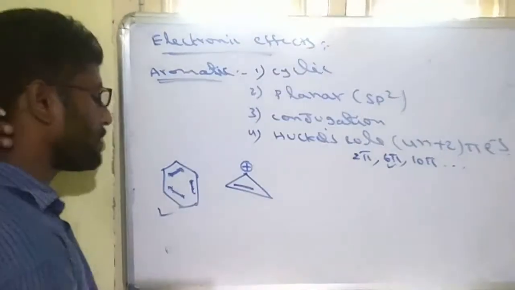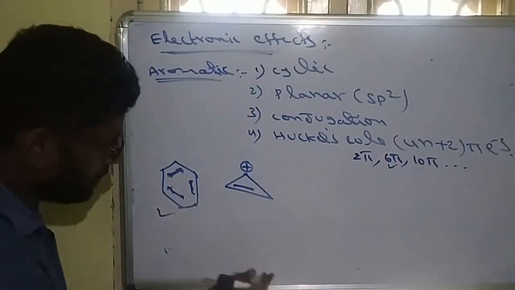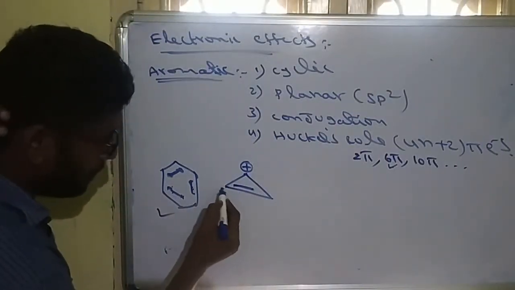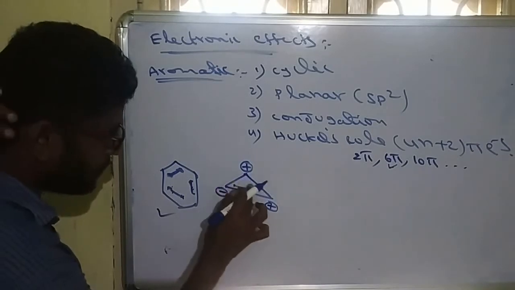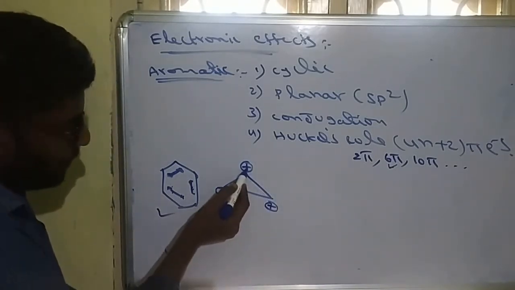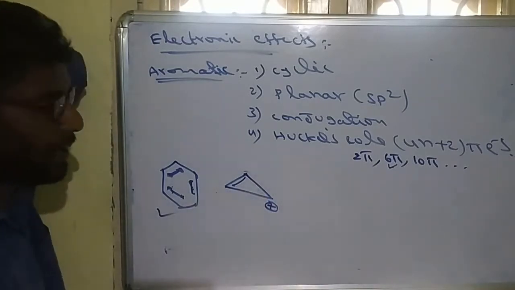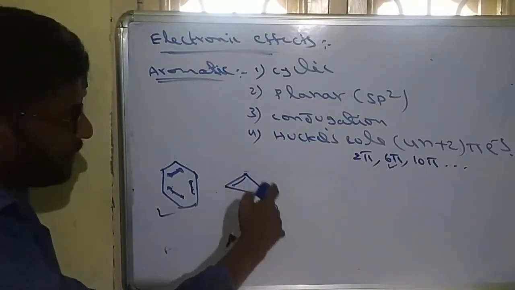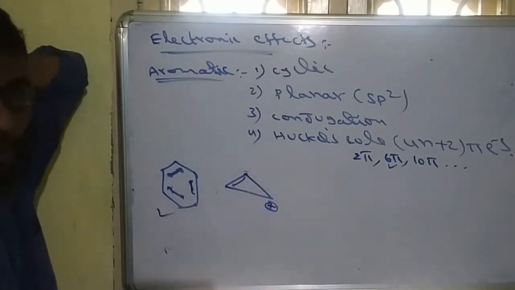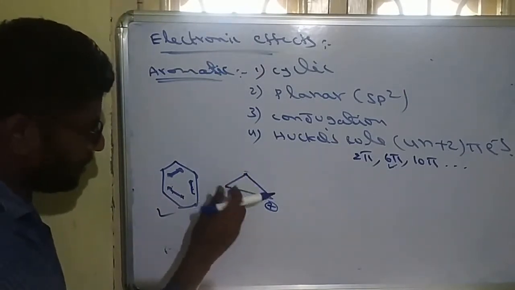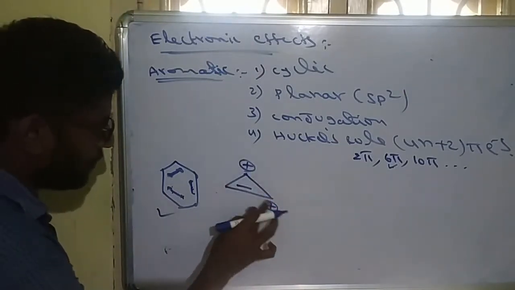Here also conjugation is possible. So what is conjugation? Simply, suppose the bond we are breaking, one side negative, one side positive. So this positive and negative will form a double bond. So the same molecule forms again. Just the charge moves from here to here, the pi bond from here to here. That is called conjugation.